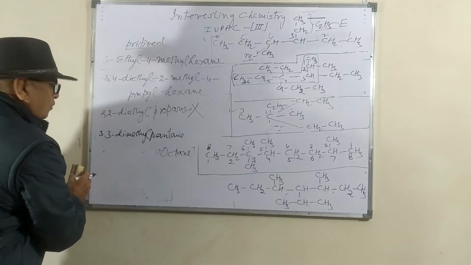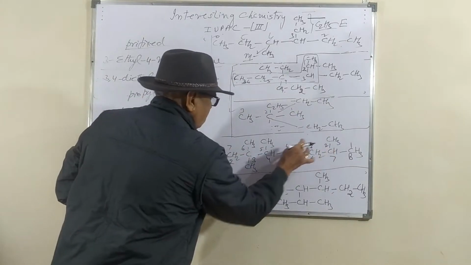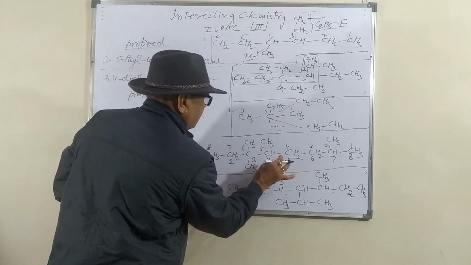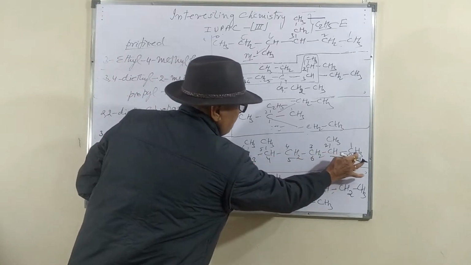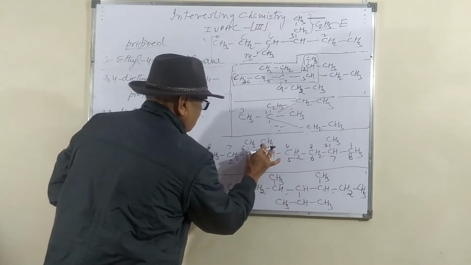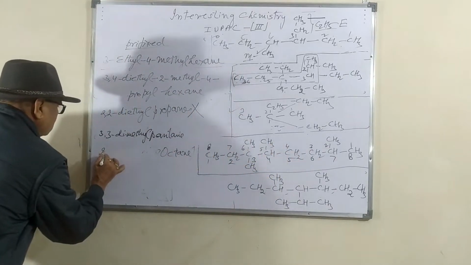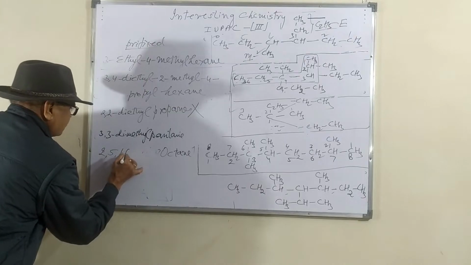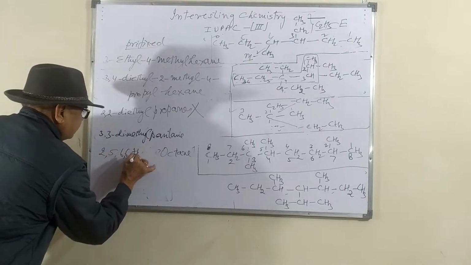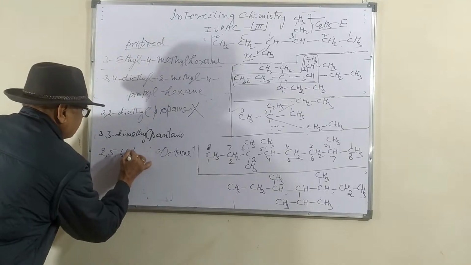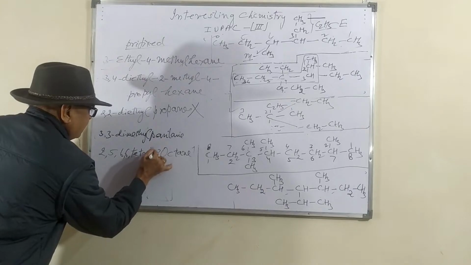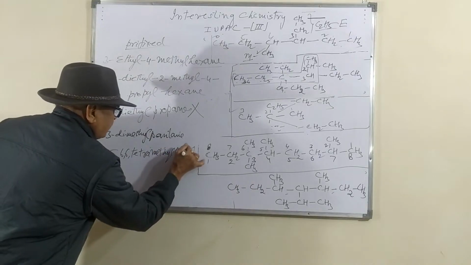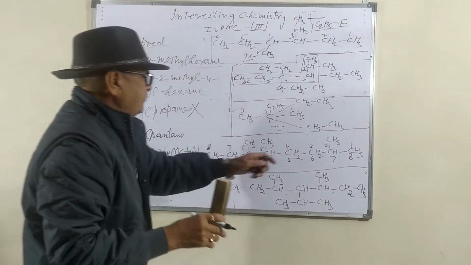This is 2, this one is 5, and 6, 6. So 2, 5, 6, 6 tetramethyl octane.